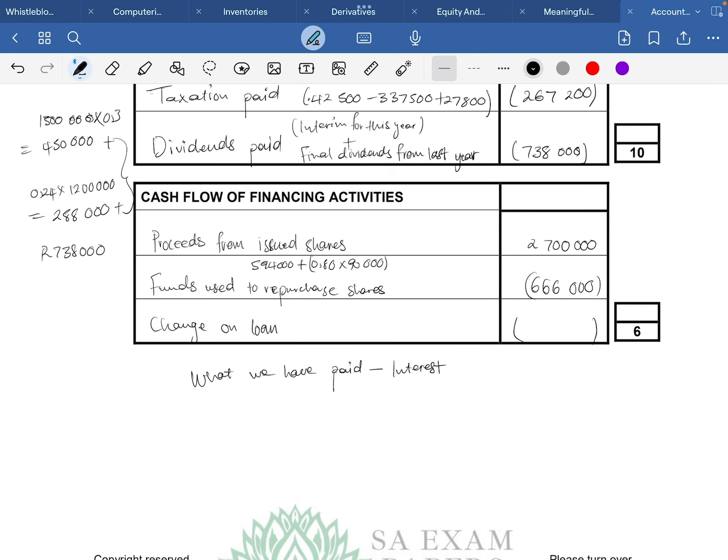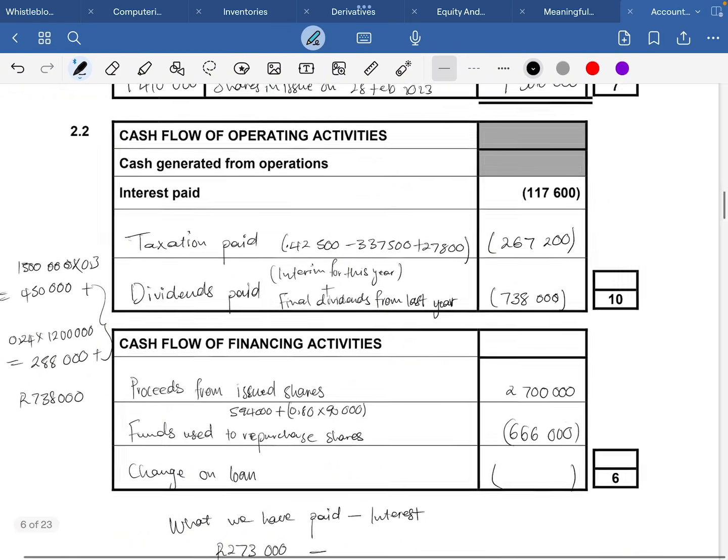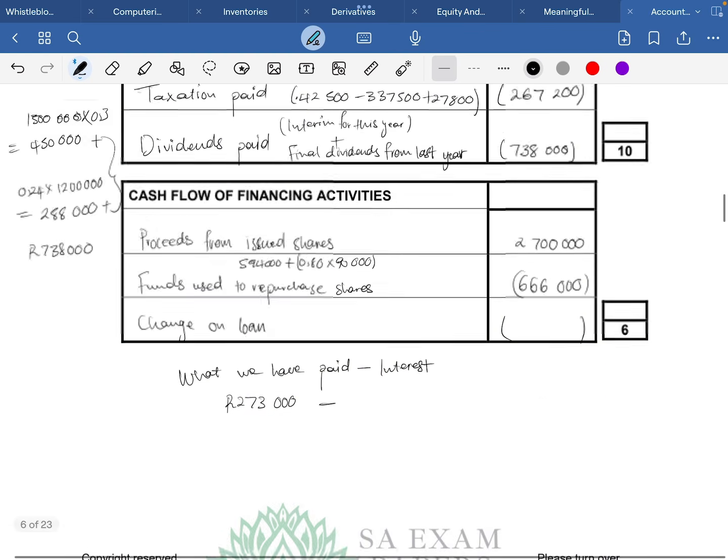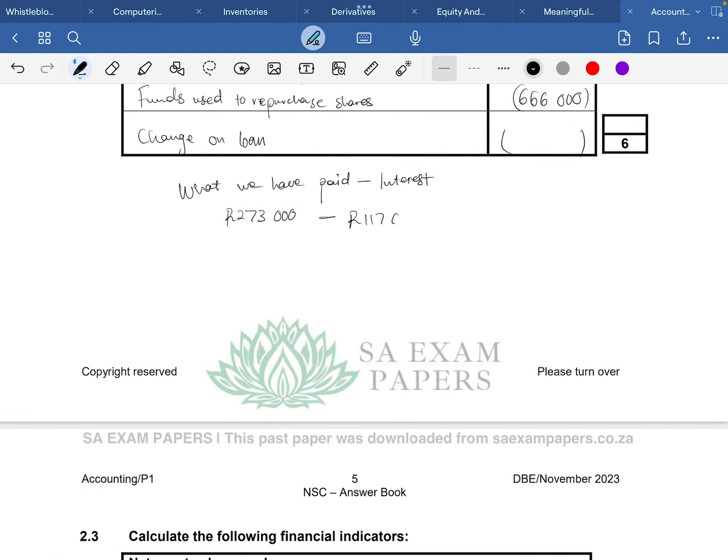So what we have paid in total is 273,000 minus the interest of 117,600. So our principal amount, our loan, decreased by, okay, I made a mistake there, it's 155,400.